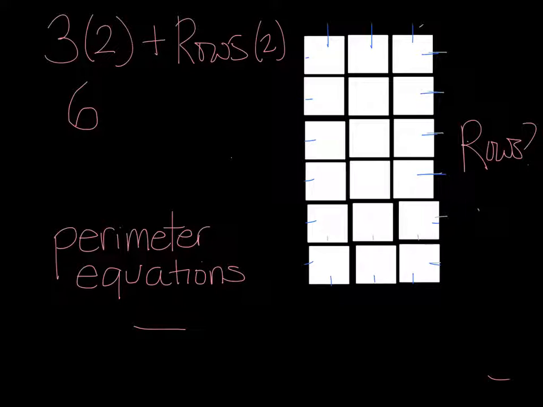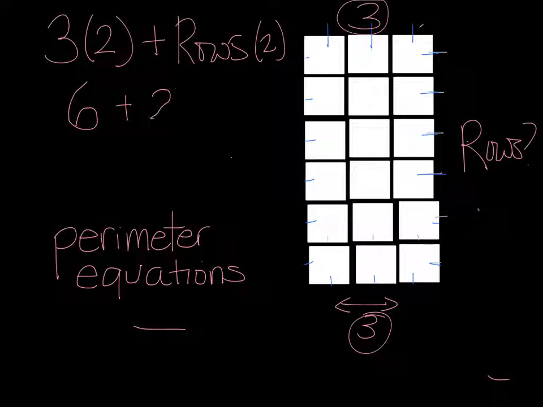I know that my width is always going to be 6. For this particular problem, it's always the 3 plus the 3 or 3 times the 2. So I use the 6 plus however many rows we have doubled. So there's the doubled. And you can use R, P, X, I don't care what you use. Your letter is the number of rows.